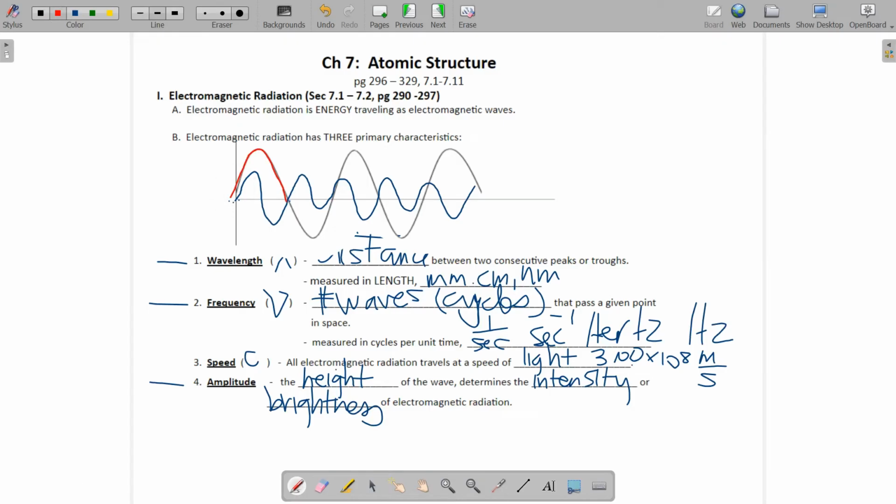So that's half of a cycle for the red wave. And for the blue wave, it is a full cycle. That is going to double your frequency. You want your amplitude, your height, to be half of what it is there. I did an okay job. It gets a little wonky at the end, but you know what I'm talking about here. So the amplitude is half, and the frequency is double due to the fact that in half of a cycle here, we can fit an entire cycle here.